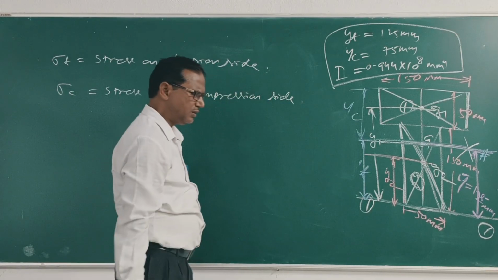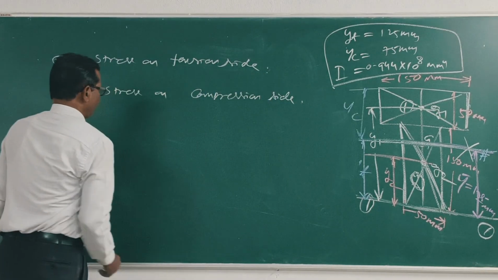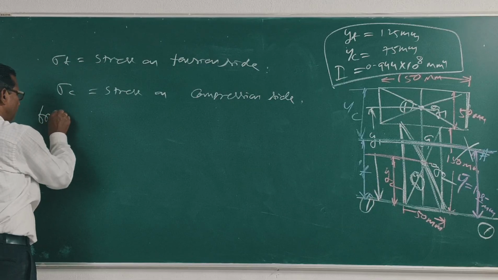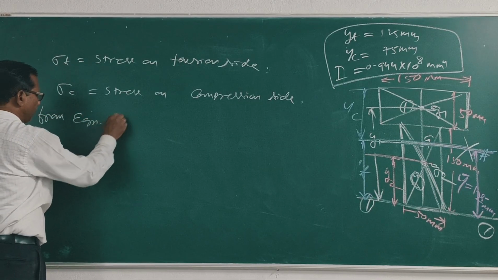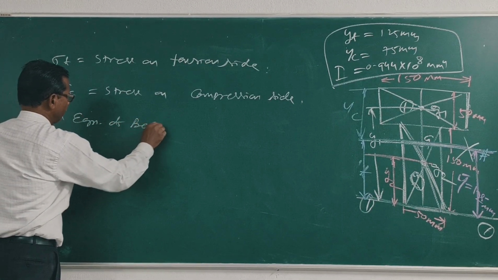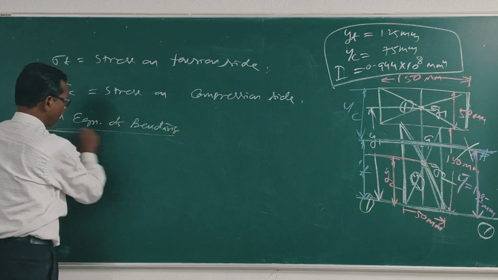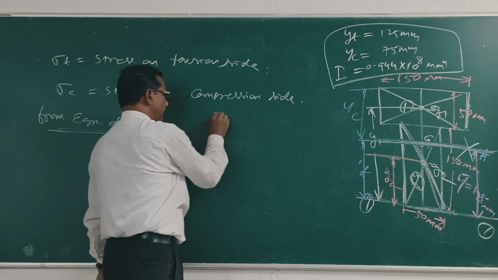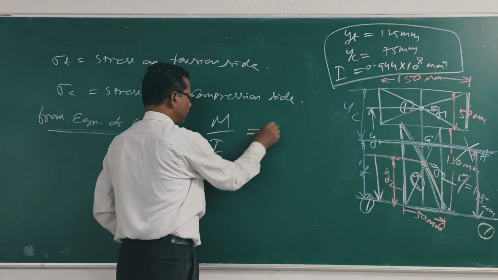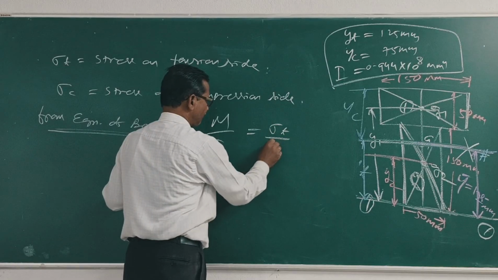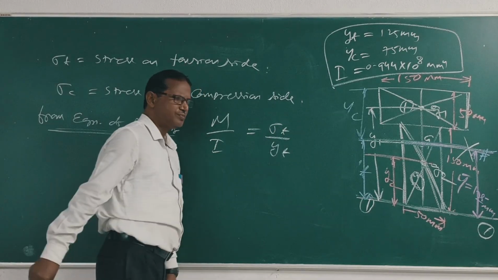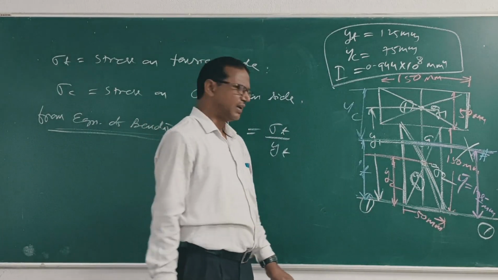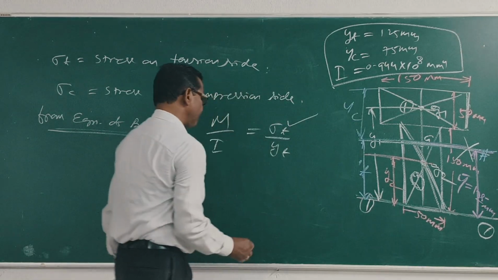Now, from the bending equation, M by I is equal to sigma T by yt. Clear? Now find sigma T.